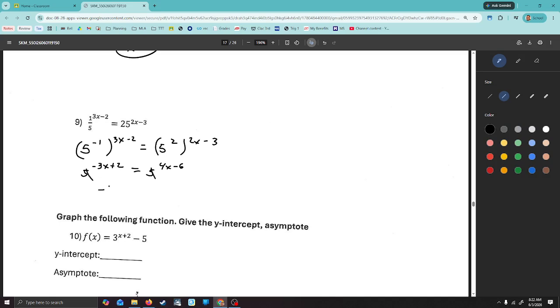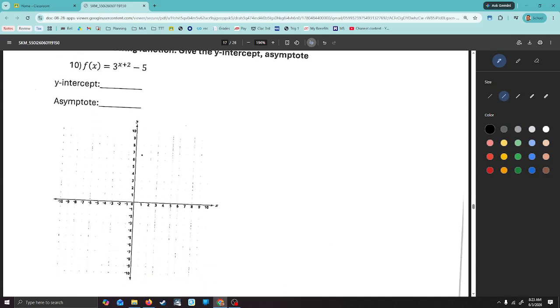Cross out the 5's. Negative 3x plus 2 equals 4x minus 6. Do a little bit of algebra. X equals, plus 3, that'll be 7x equals 8, so x equals 8 over 7.